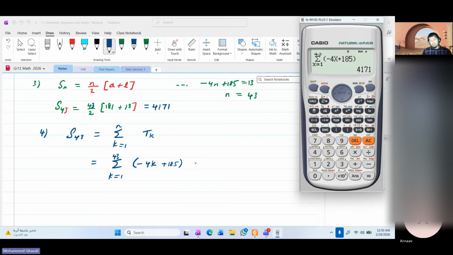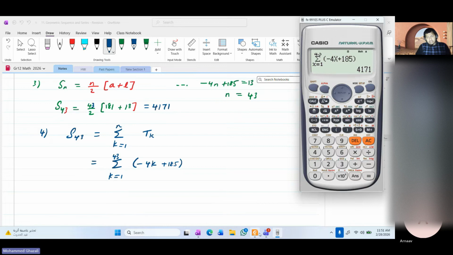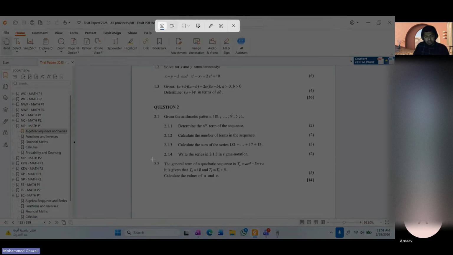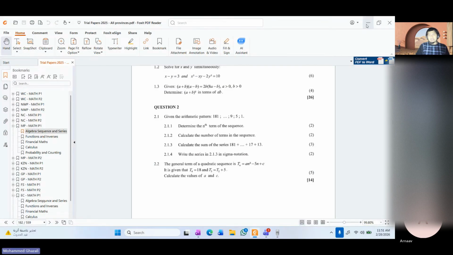So the sigma notation is correct. You can change the x to any variable you like, but try to use k. I have written the same thing out here. That's fine. Nice problem. Write in sigma notation. Look at the next problem. I wanted you to focus on question. This question is on quadratic.